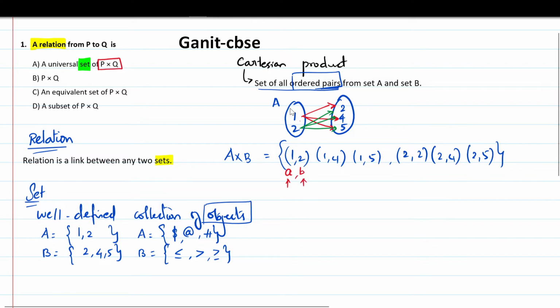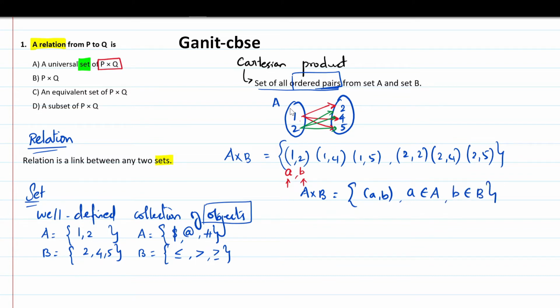I can write this as A cross B. (a, b) is a pair. a should belong to set A, and b should belong to set B. So if you take all the pairs, a is the first element and b is the second element, and it goes on. That's why we are calling them ordered pairs.